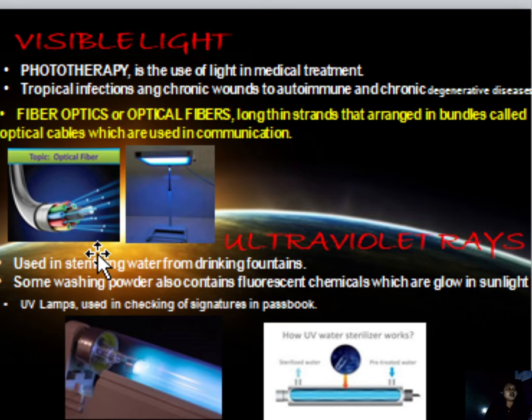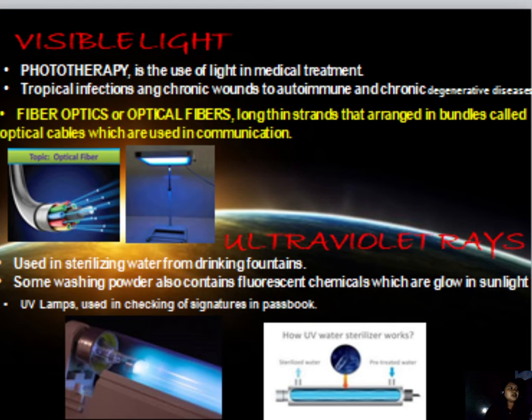Next, we have ultraviolet rays. Madalas natin naririnig yan. And when you hear that word, pumapasok agad sa isip ninyo yung sikat ng araw. Ultraviolet rays are used in sterilizing water from drinking fountains. So, as you notice po dyan sa picture, sa baba, isa sa ginagamit yan.